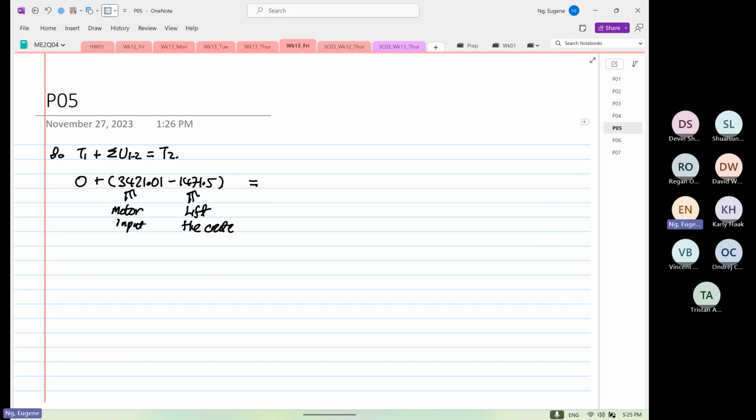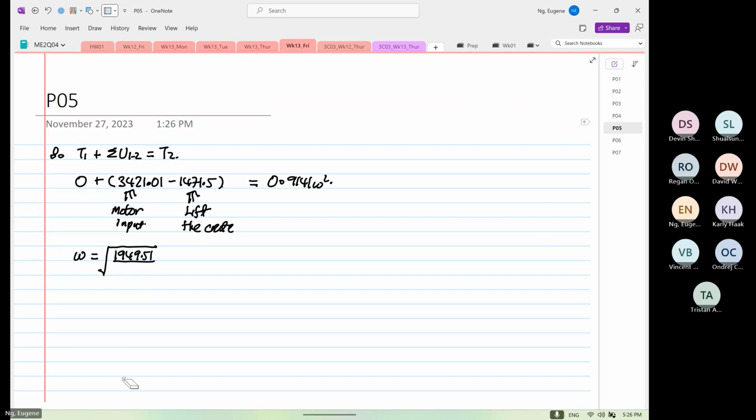So the whole thing will be equal to T2, which is equal to 0.5 times 0.9141 omega squared. Okay. So over here, you get omega is equal to the square root of (3421.01 minus 1471.5, which is 1949.51) divided by 0.9141.